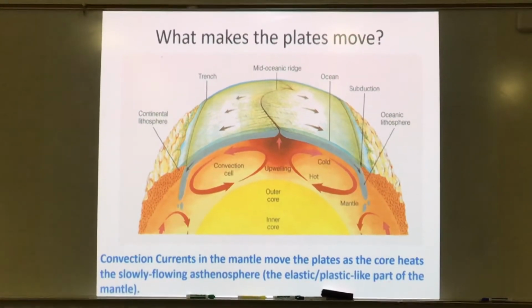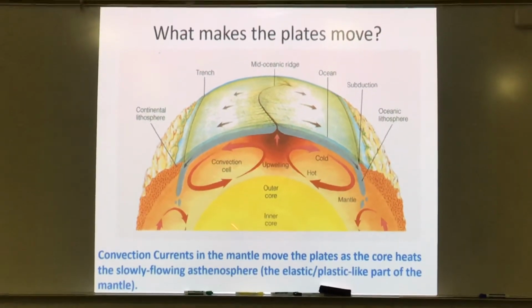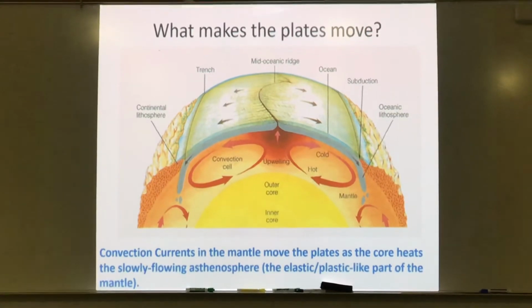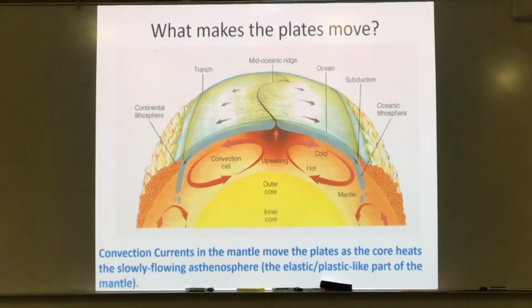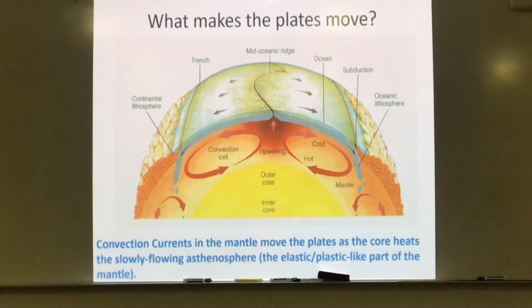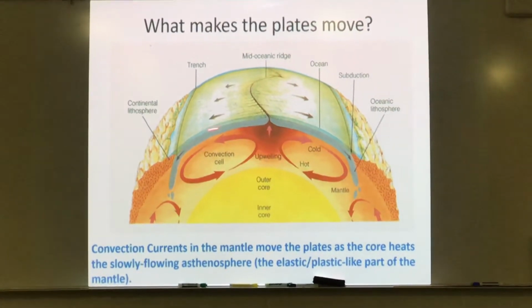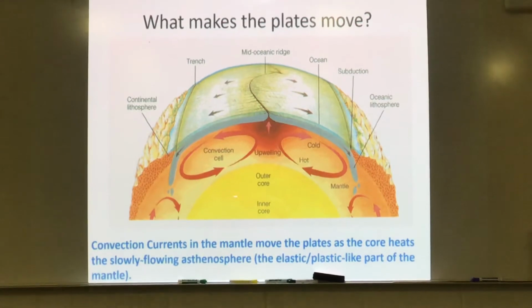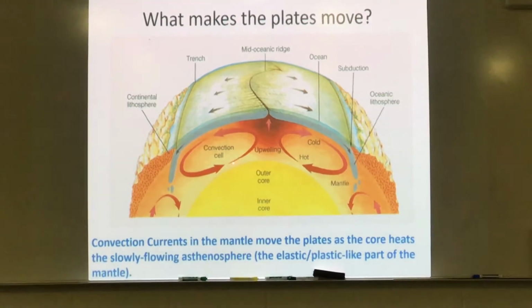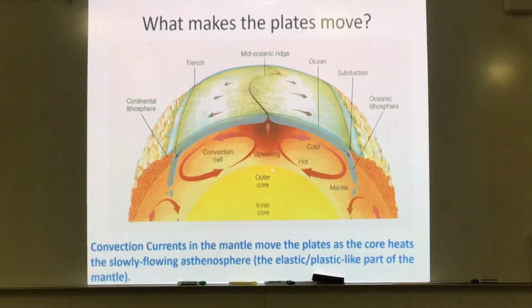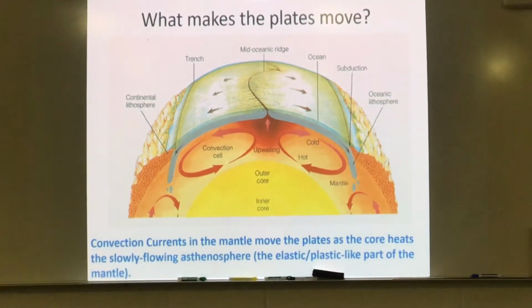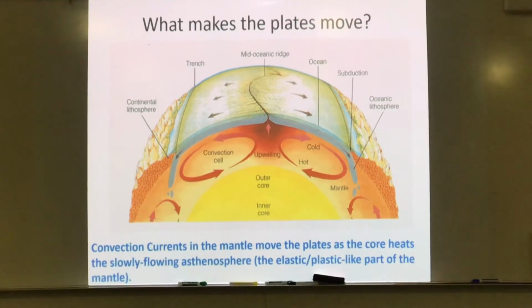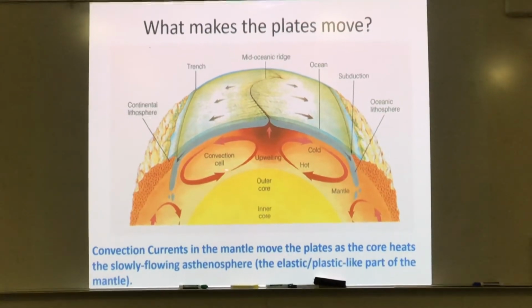This area is naturally hot due to radiation, nuclear decay. The heat given off causes this area to be warm, but the source is here. So would it be hotter here or here if the source of heat is here? A or B? A. How did you know?